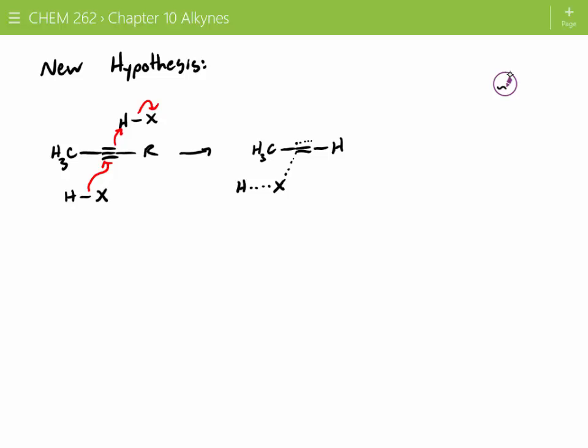Part of that pi bond is breaking, and we're forming a new bond to this hydrogen, and then we're breaking a bond to that halide. So if we look at this, this is our transition state, and when we get to our final product, our halide adds from the bottom.